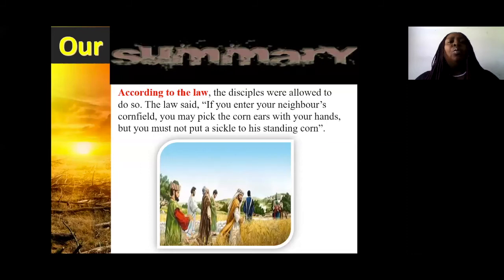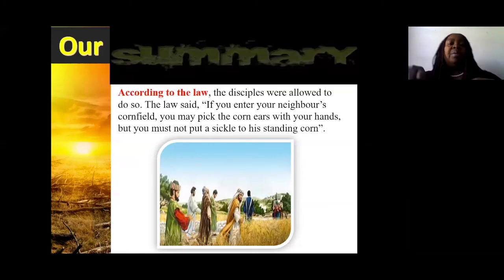What they were using to pick the corn was actually their hand. And because they were using their hand to pick the corn, according to the law, they were allowed to do so. But you weren't allowed to be in the field using that tool to cut down whatever it is you're doing in the field. That is considered the work.